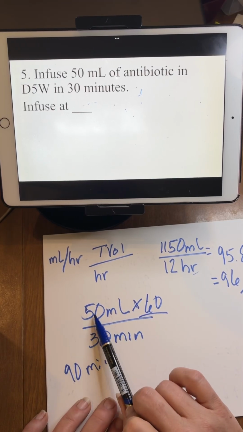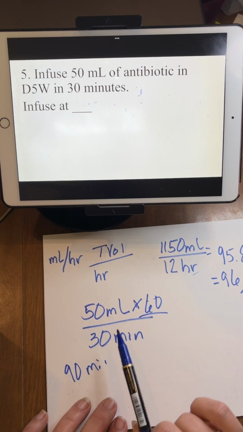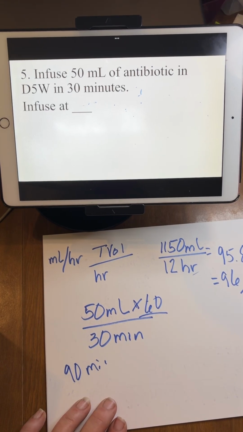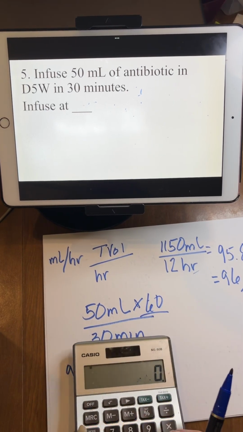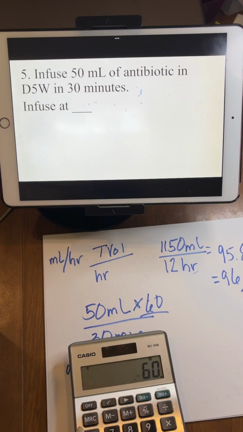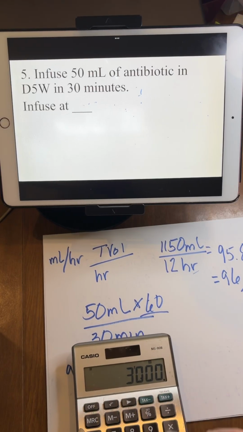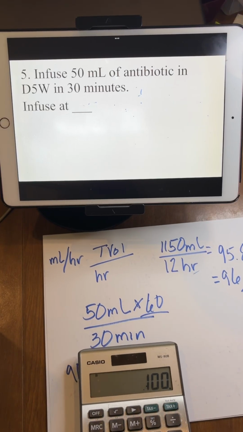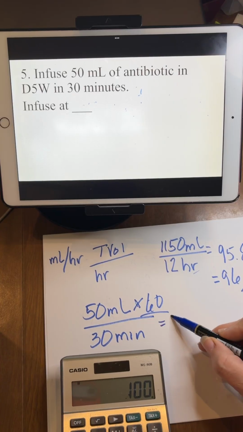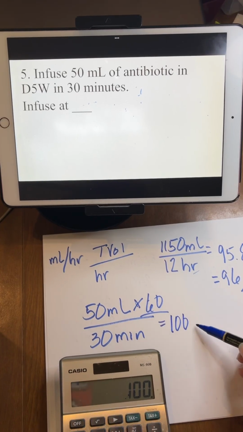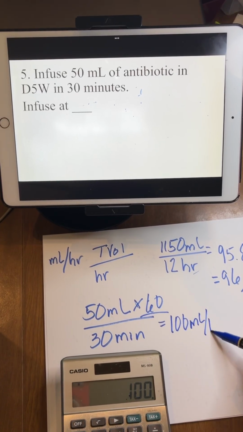And then we're going to do all the math on the top and divide it by the number on the bottom. So come on, let's do it together. 50 times 60 equals, divided by 30 equals. And it's got to go at 100 milliliters per hour.